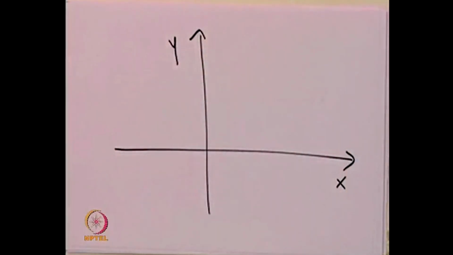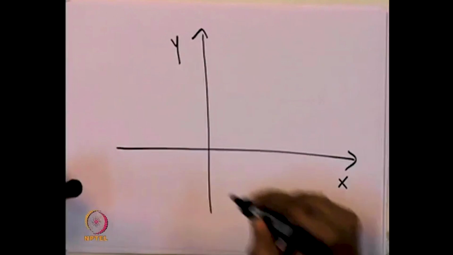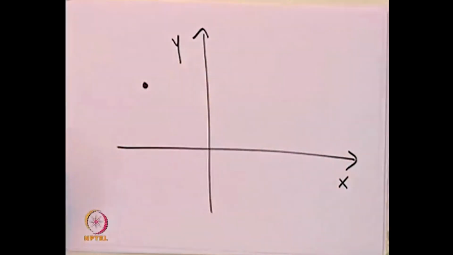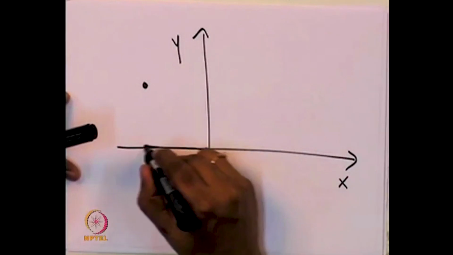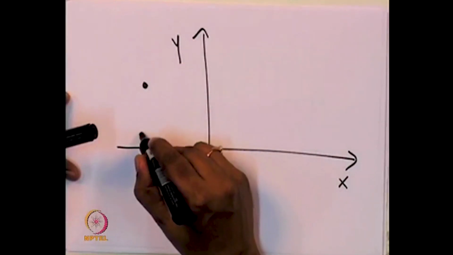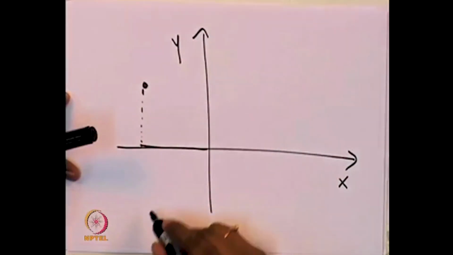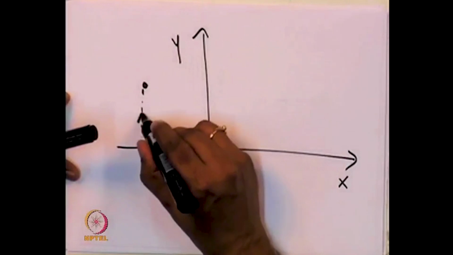Take any point on this, let us say some point here. To reach this point, we have to go along the negative x axis some distance and then along this particular direction. So, you have to go this way and this way.